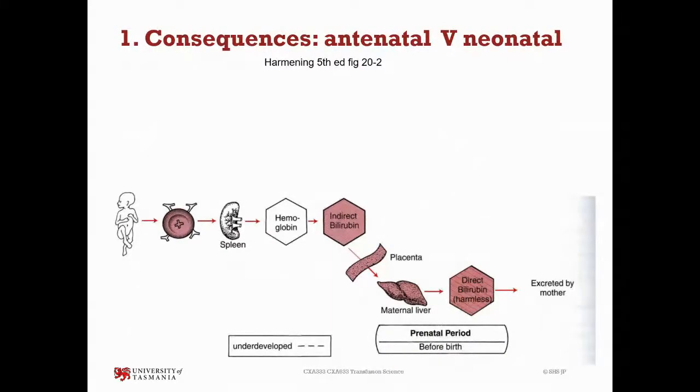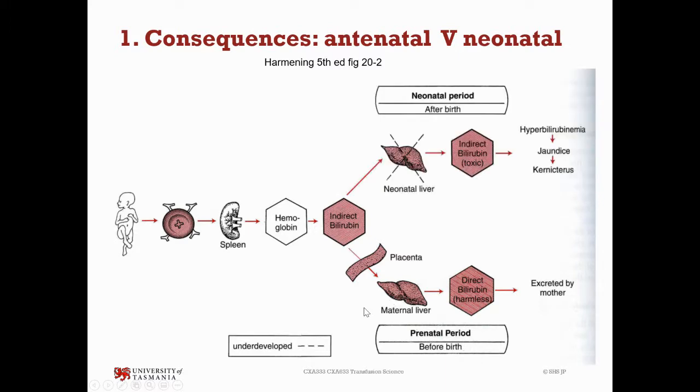Again, this is an image from Harmening. So the consequences of increased hemolysis, antenatal versus neonatal, so in the fetus versus the neonate. In the fetus, we have increased lysis, but the bilirubin is able to cross the placenta and be dealt with by the maternal liver.